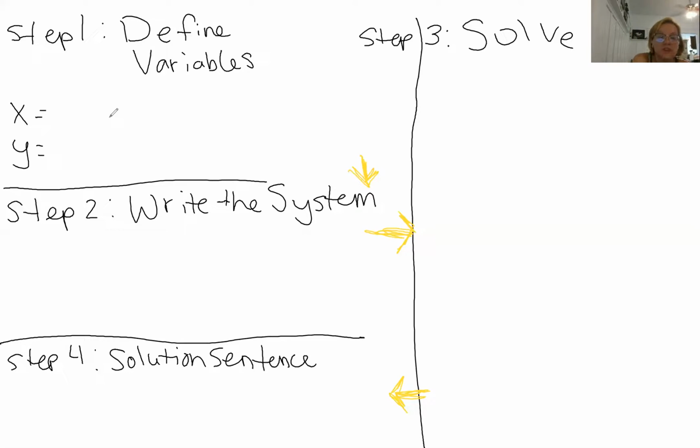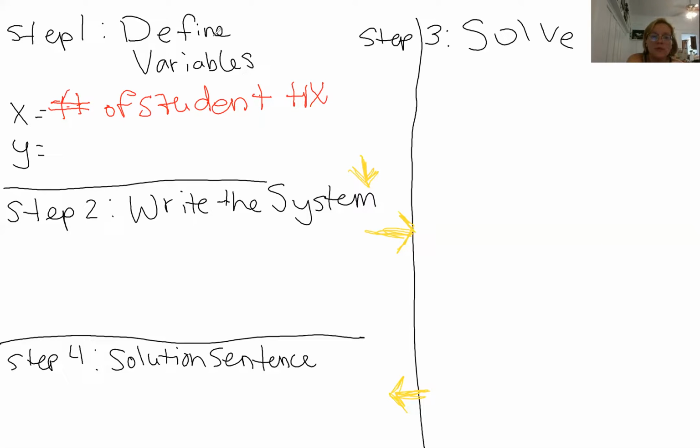So to define the variable, all you're doing is saying X is going to be, and in this case, X should be the number of student tickets. I apologize. My stylus is not writing as neatly as it should be right now. So that's the number of student tickets.